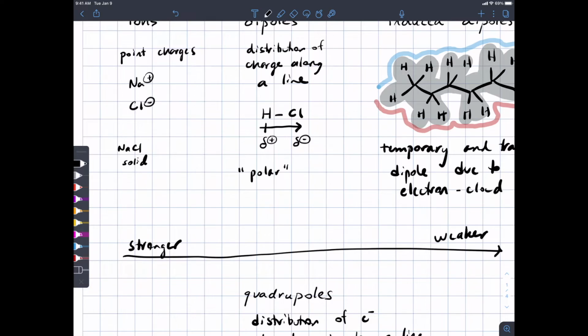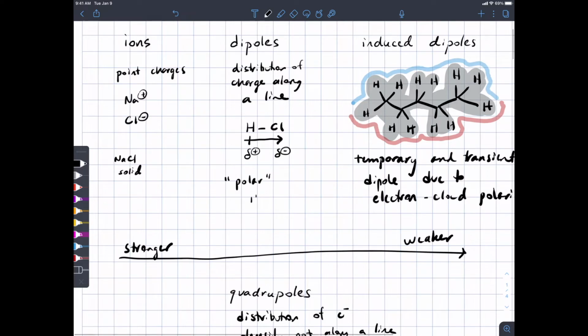In contrast, water, which has a dipole, at least at room temperature, is a liquid. And what does that mean? Well, that means the dipole-dipole interactions between water molecules, or the hydrogen bonding, are strong enough to limit the ability of water molecules to move around relative to each other.